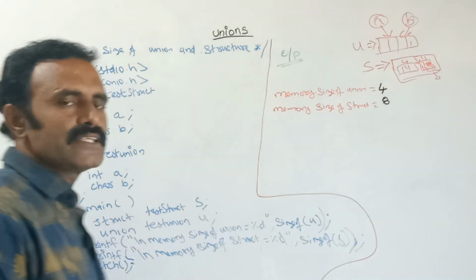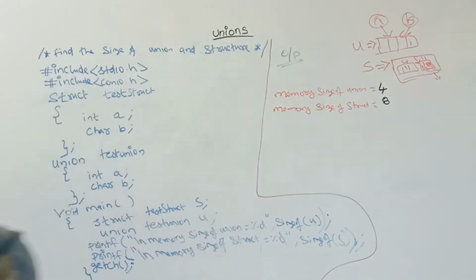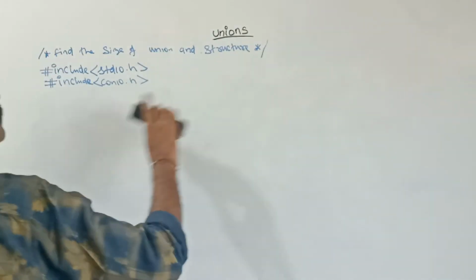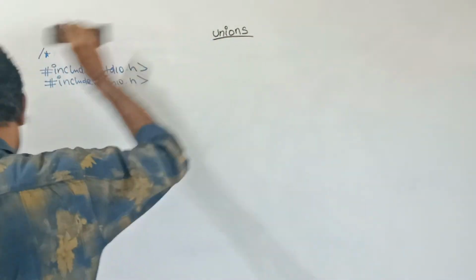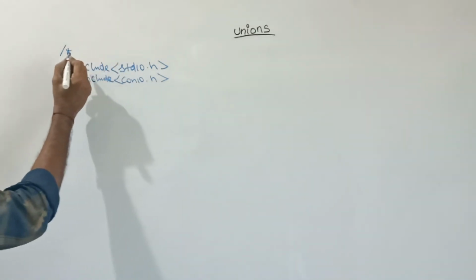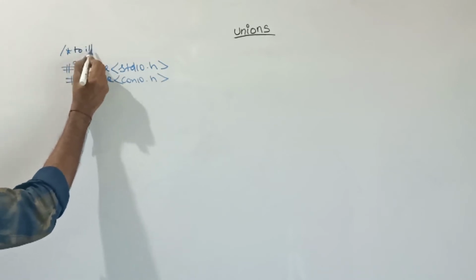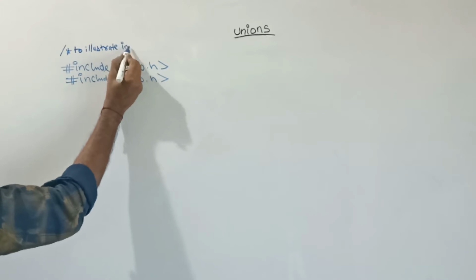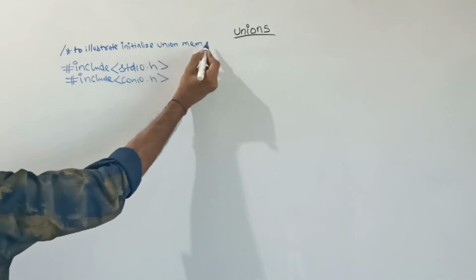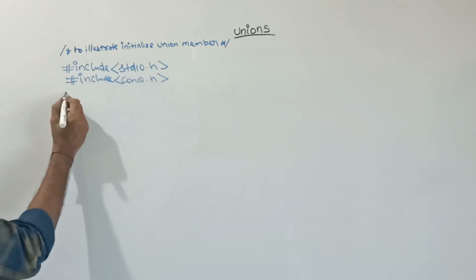See, next let us see how to initialize the union variable. See, this program is used to illustrate how to initialize the union members. Now I am creating the union.